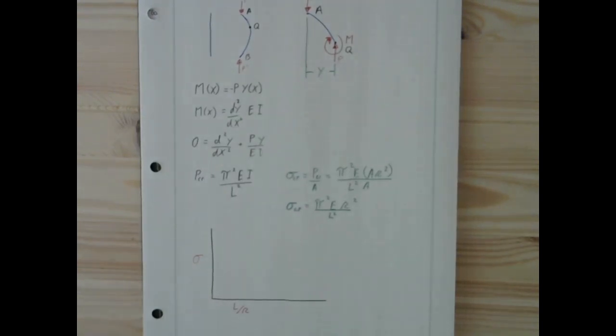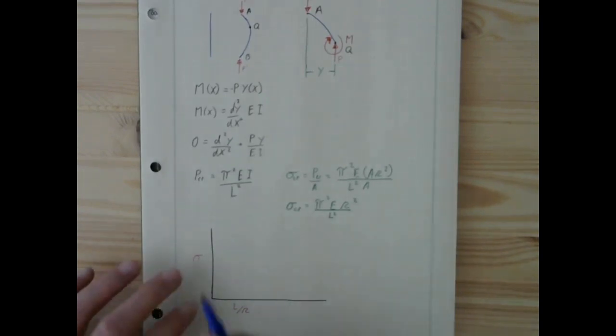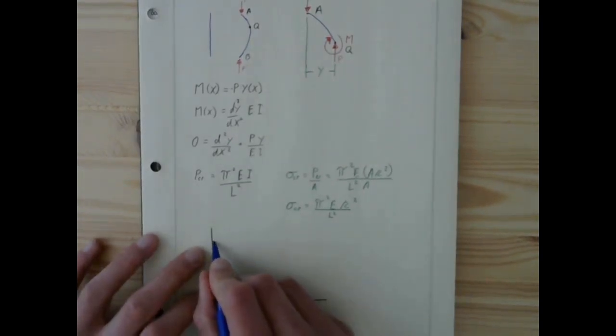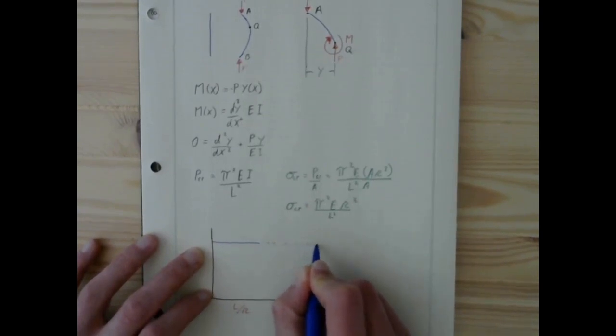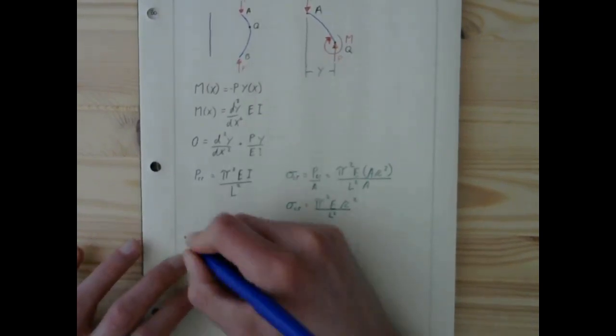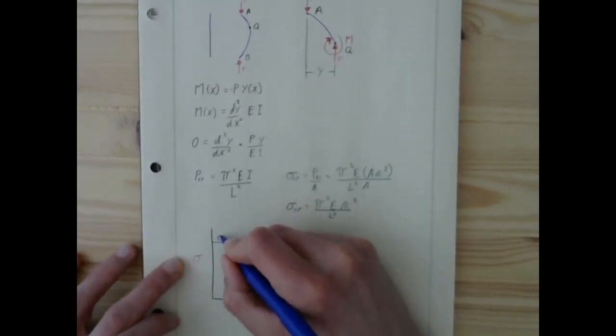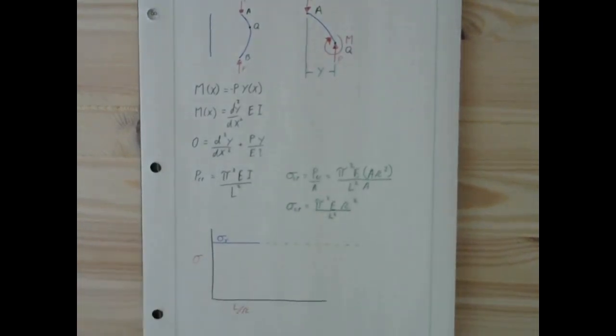If we have a very low slenderness ratio, then the limiting factor as far as crushing or yielding is going to hold, and that's going to be a constant. And it's going to be a constant that goes on forever. So that's going to be the yield stress.